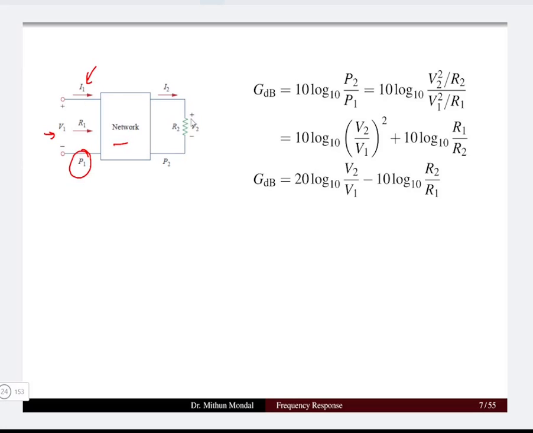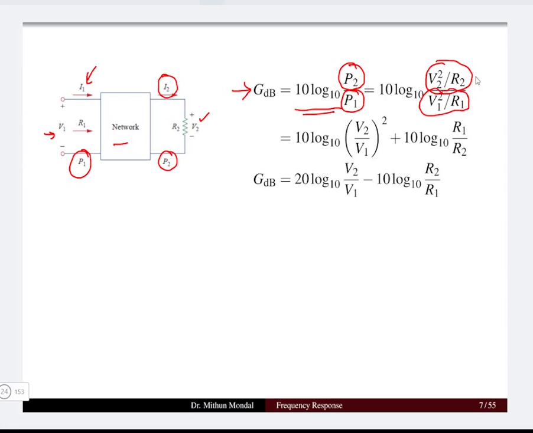On the other hand, on the output side we have P2 and the current I2. So V2 and I2 as the voltage and the current, so the power will be P2. When we obtain the decibel gain GdB, that is 10 log 10 P2 by P1, we can write the power P2 as V2 square by R2, and P1 power we can write as V1 square by R1.